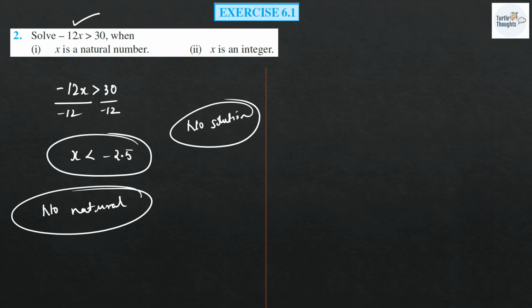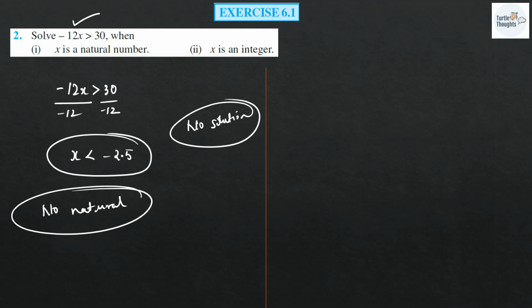Take any natural number, starting with 1: 1 multiplied by negative 12 is negative 12. Is negative 12 greater than 30? No. 2 multiplied by negative 12, again no. Any natural number multiplied by a negative number would be negative itself, so the first one will not have any solution at all.